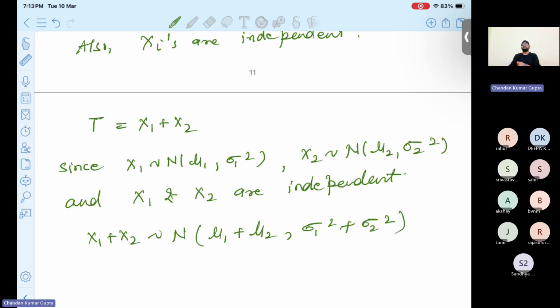Because these are independent, there is no covariance term.